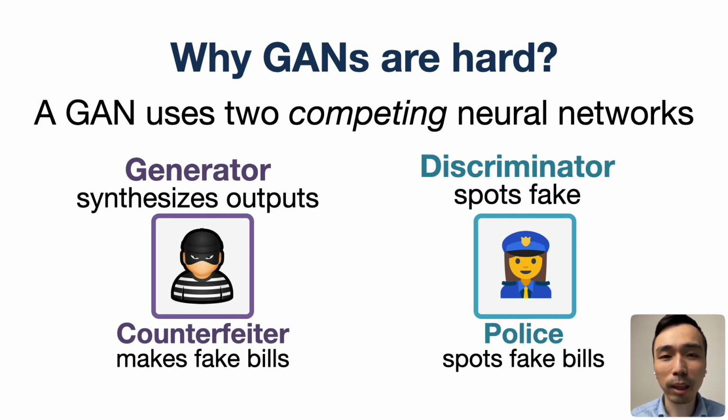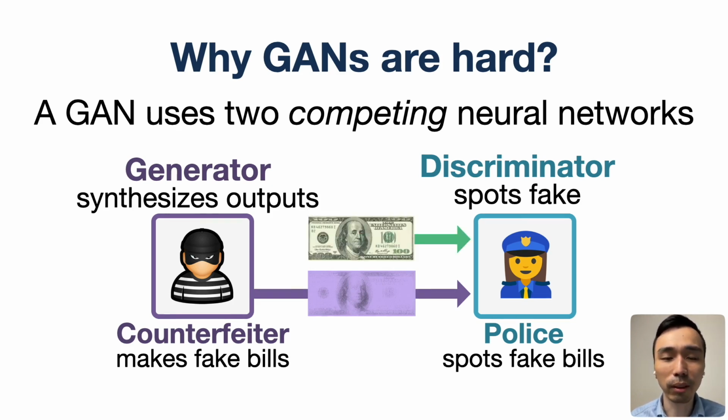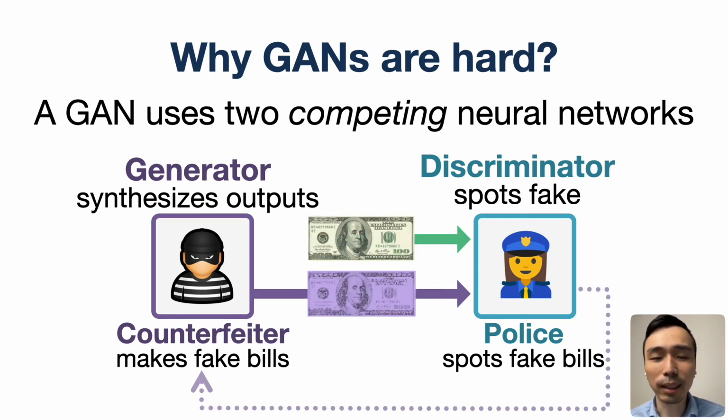And training a GAN is an iterative process. Initially, when the counterfeiter tries to generate a fake bill, it doesn't look that good, so the police have a really easy time telling them apart. Of course, the police have access to the real bill so they can compare the difference and do the classification.